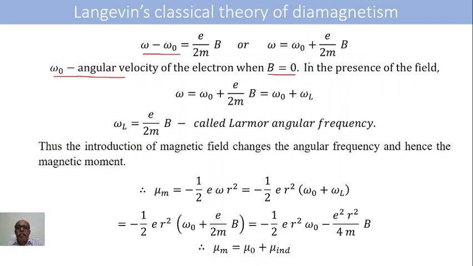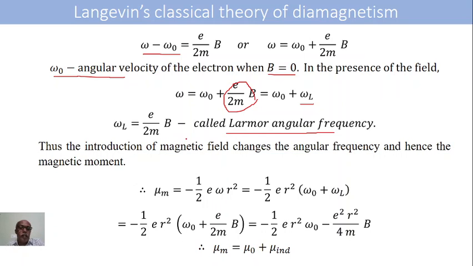In the presence of the field, the total angular velocity is omega equals omega naught plus E by 2m into B, or it is omega naught plus omega L. This term is rewritten as omega L, where omega L is called Larmor angular frequency, and that will be equal to E by 2m into B.